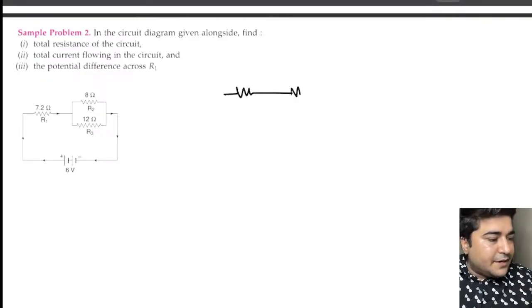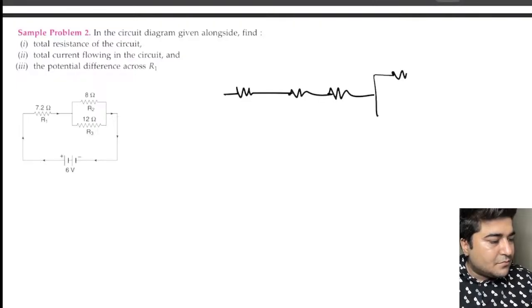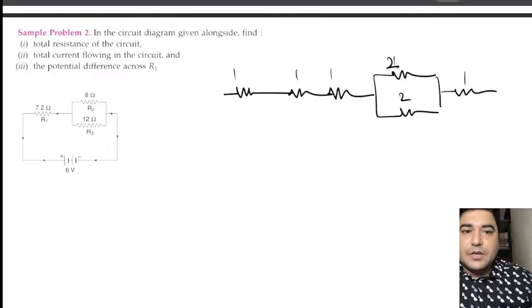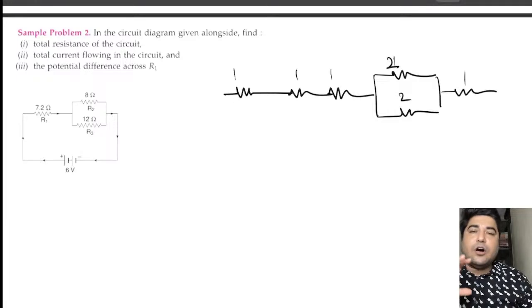If this is a circuit, all the values are 1 ohm and these two values are 2 ohm. So how are we going to calculate or simplify this?